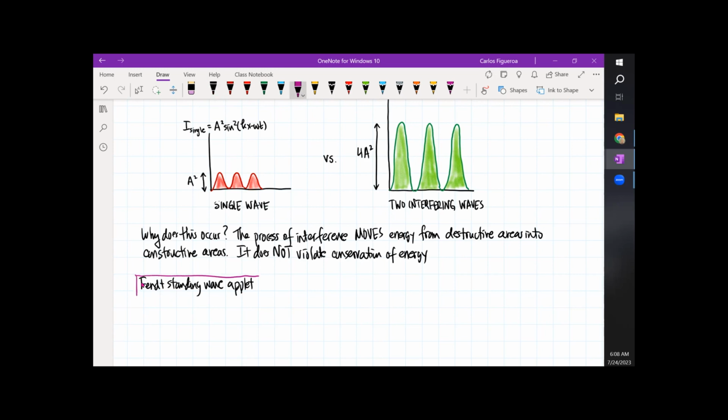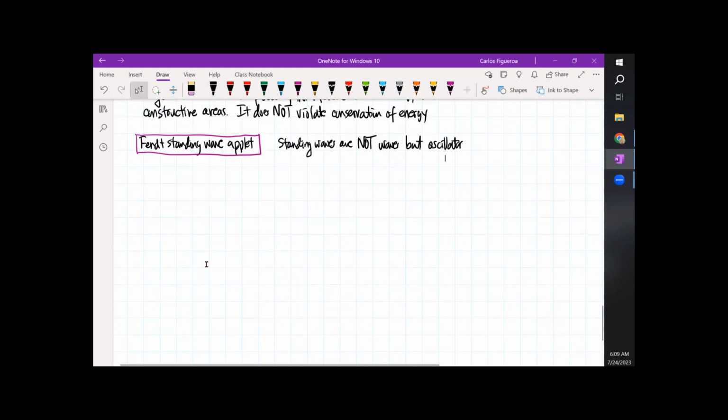I'm a little bit hesitant to show you this applet because standing waves are not waves, but oscillators. It's an oscillator, not a standing wave. But the reason why I'm going to show you is because we can see very clearly how we have interference. And the images that he produces are quite beautiful.